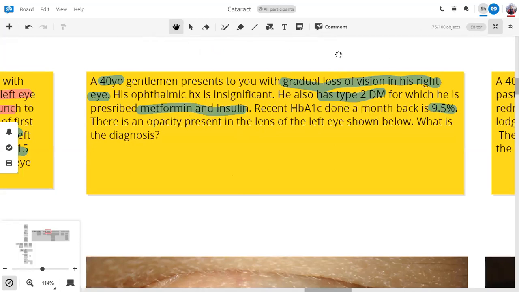If you relate it to age, it's not a senile cataract, so something is accentuating its formation. In the history, he has type 2 diabetes mellitus, which is literally uncontrolled. This person is not caring at all. His HbA1c is 9.5, extremely poor glycemic control.